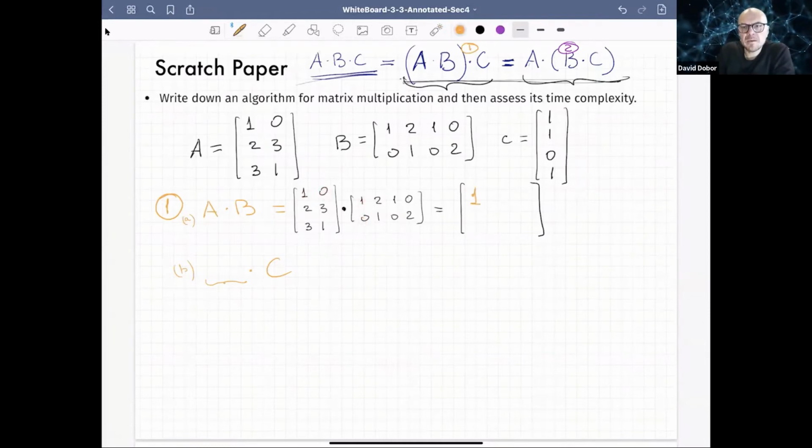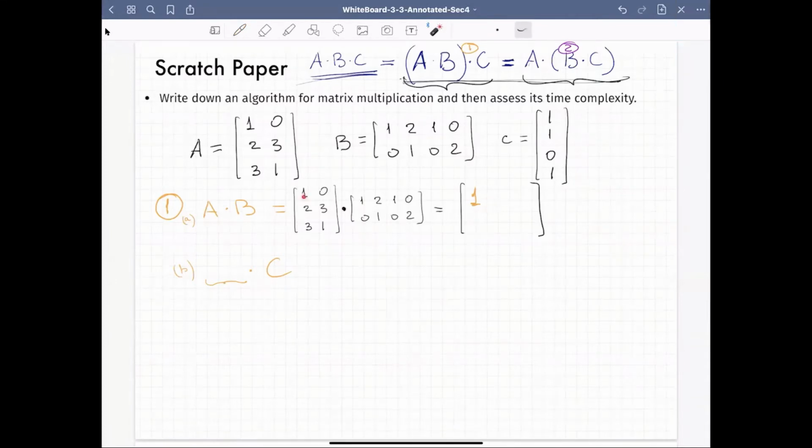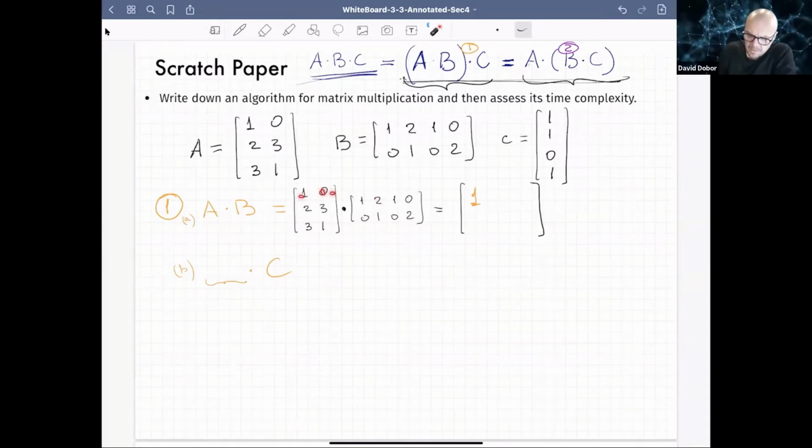Good? What's going to be the second entry? It's going to be 1 times 0 plus 0 times 1, so it's going to be 0. This entry here is going to be 1 times 1 plus 0 times 0, so that's going to be 1. And the last entry is going to be 1 times 0 plus 0 times 2, and that's going to be 0.